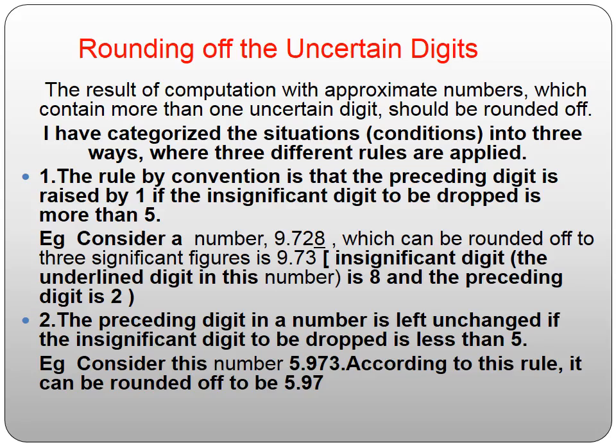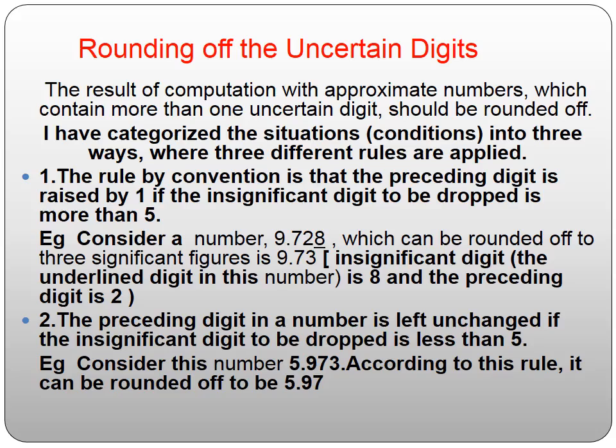And the second rule is that the preceding digit in a number is left unchanged if the insignificant digit to be dropped is less than 5. For this, I give one example. The number you have to consider is 5.973.